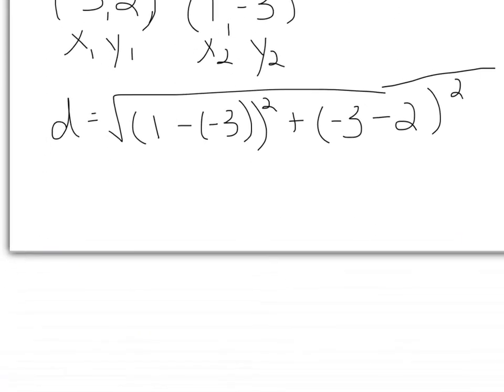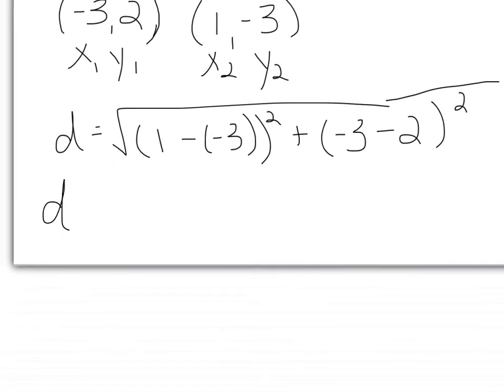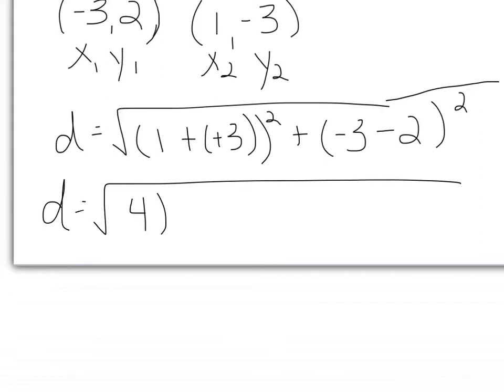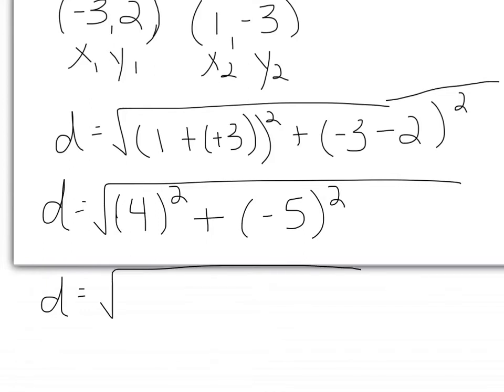So now I'm going to clean this up a little bit. 1 minus negative 3, you're going to add a line, change the sign, right? So this becomes 1 plus 3, so you actually have 4 squared plus negative 3 minus 2 is negative 5 squared. 4 squared we know is 16 plus negative 5 squared is positive 25.